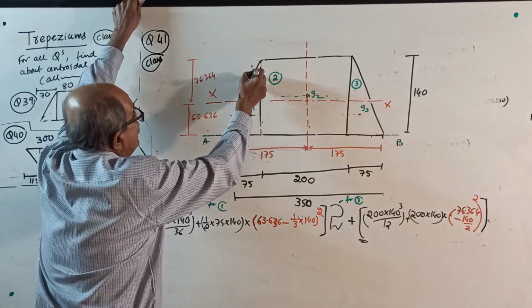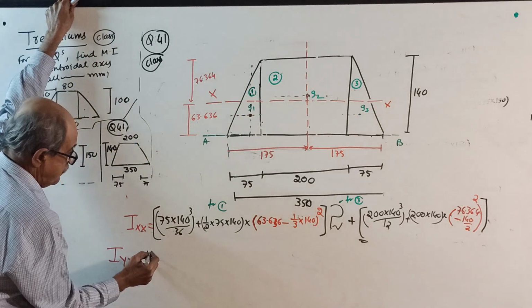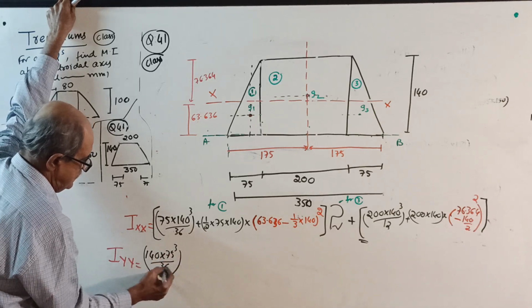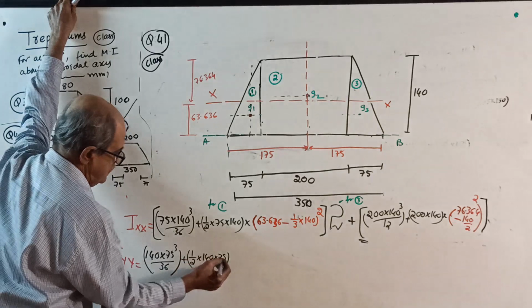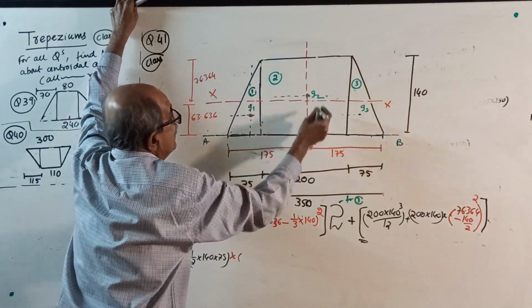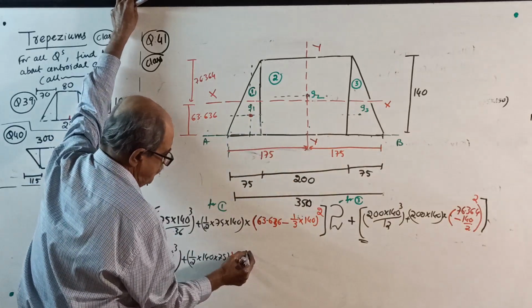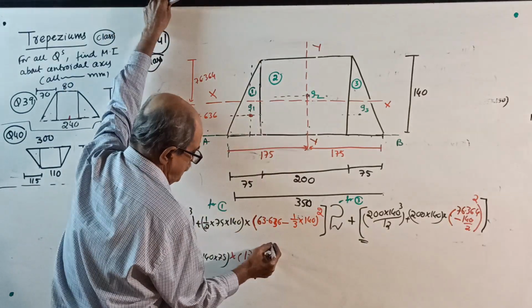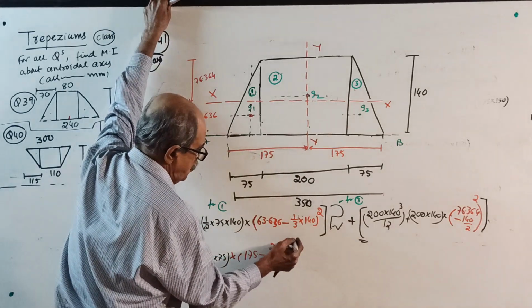Now I about its own centroidal axis parallel to YY: 140 into 75 cube divided by 36 is Ig, plus area, half into 140 into 75, into the distance from centroid to YY squared, which is 175 minus 2/3 of 75, whole square.